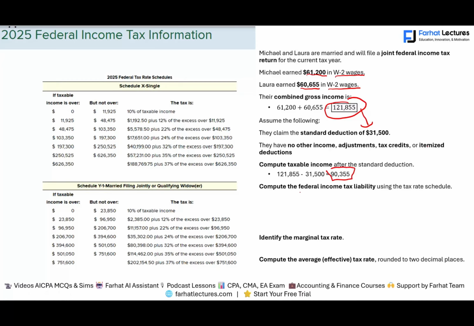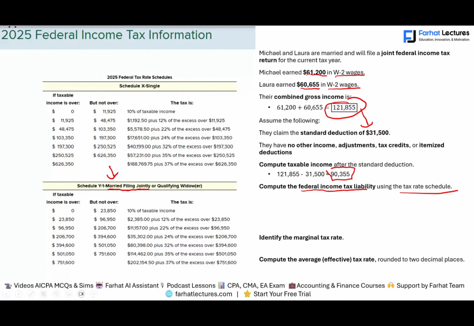Now we will compute the federal tax liability using, for now, the tax rate schedule. So these are the tax rate schedule for 2025. It doesn't matter for which year you are working. You would look at the table. You want to make sure you would look at the appropriate filing status. And here we have a couple that are married filing jointly. Therefore, we will be using this table, married filing jointly.